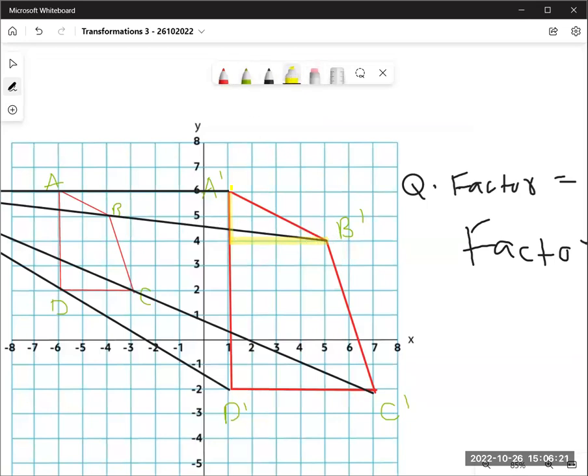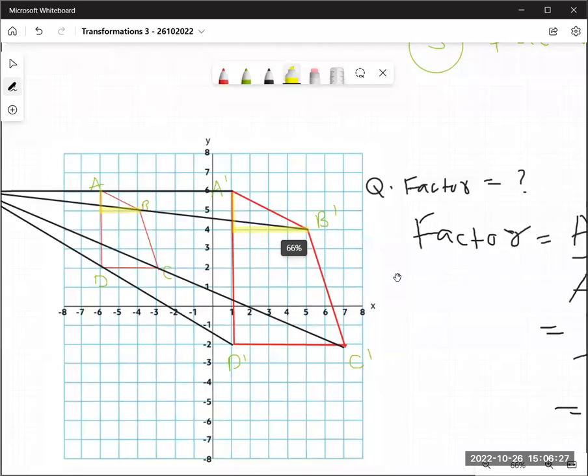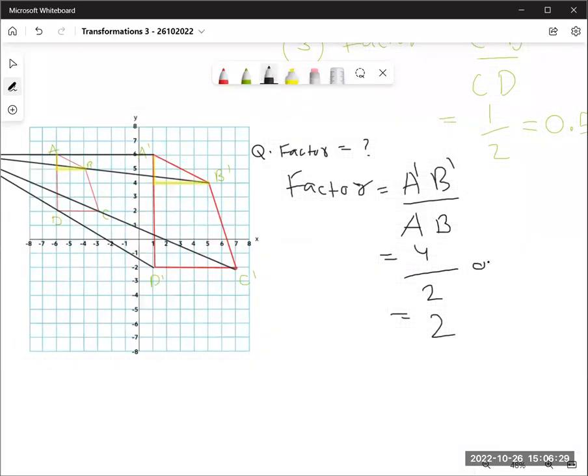What is the difference in the Y axis? 2. So either we take the Y axis, it would be 2 by 1, or X, it would be 4 by 2. Both of them give me 1. And as you understand, you have to look at the horizontal difference between them.